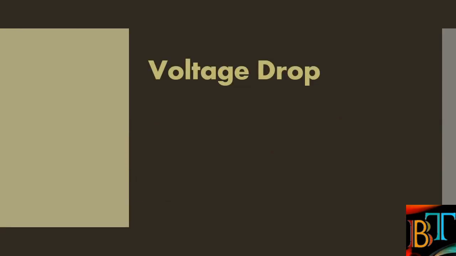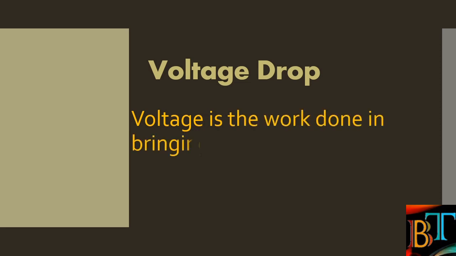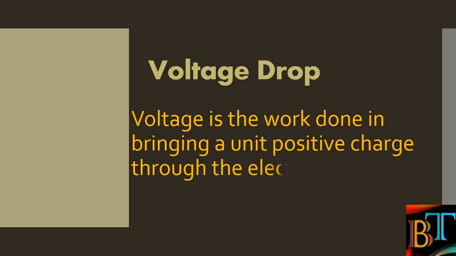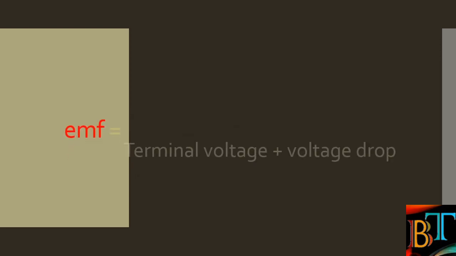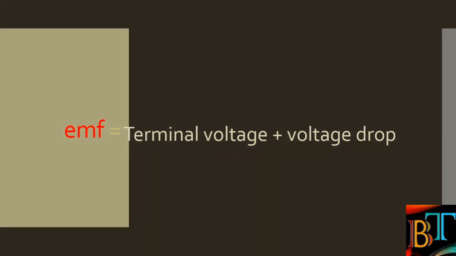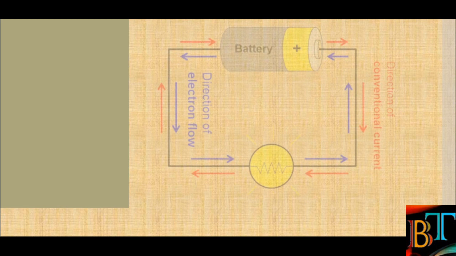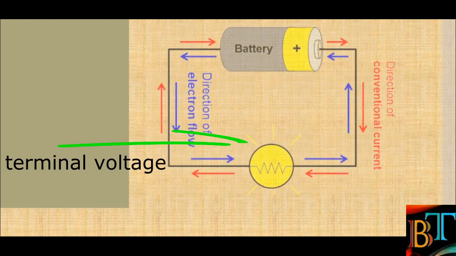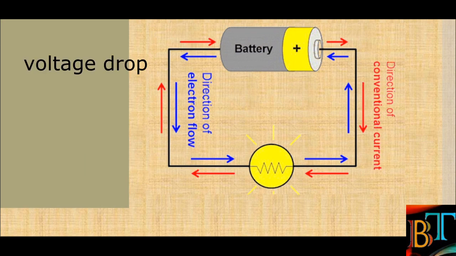So, voltage drop is the work done in bringing a unit positive charge through the electrolyte. Therefore, EMF is equal to terminal voltage plus voltage drop, where terminal voltage is the potential difference across the terminals outside the battery and voltage drop is the potential difference inside the electrolyte.